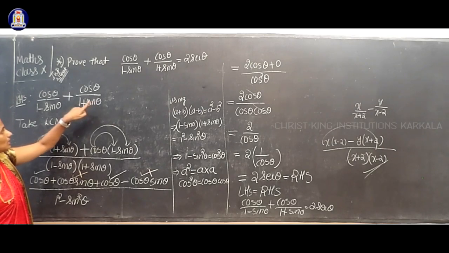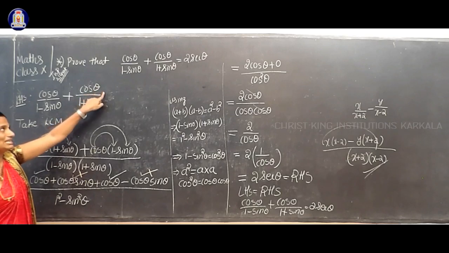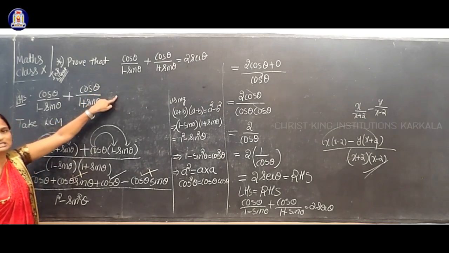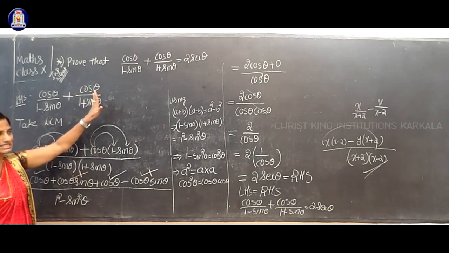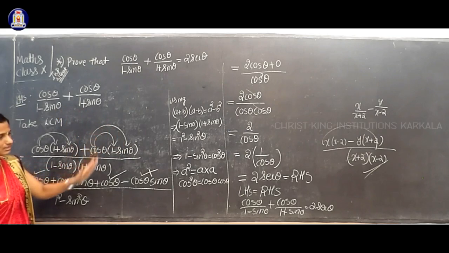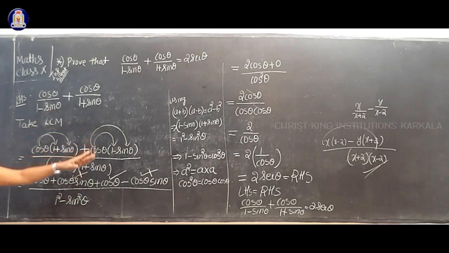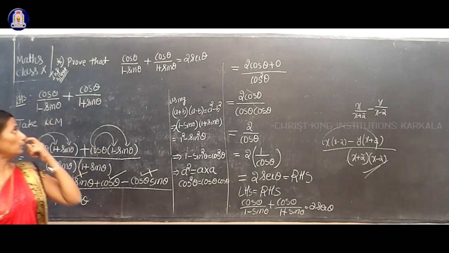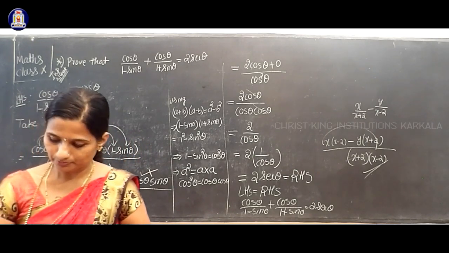Rationalization, right? So here also apply rationalization. What is the rationalization? 1 minus sin theta divided by 1 minus sin theta. Next is simplification, just try this. But this is an easy method. I used many steps, and those steps are not necessary for your understanding. This is important for 3 to 4 marks.